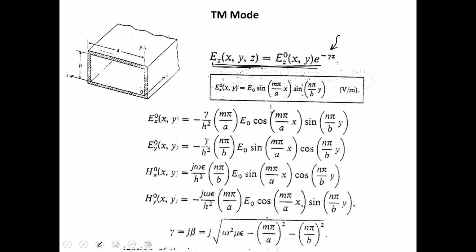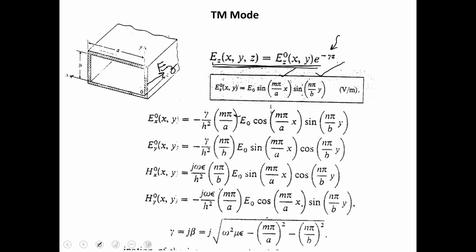And because this is a component which is parallel to the conducting boundaries, as drawn in this diagram, pointing in the Z direction, and thus parallel to all the conductors in the rectangular waveguide, it is going to have a sinusoidal variation in x direction and a sinusoidal variation in y direction.